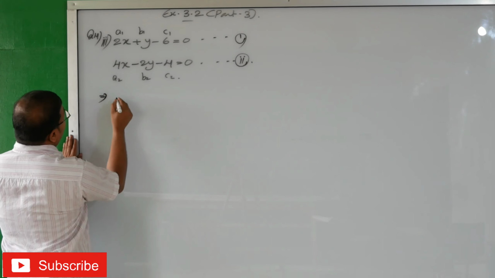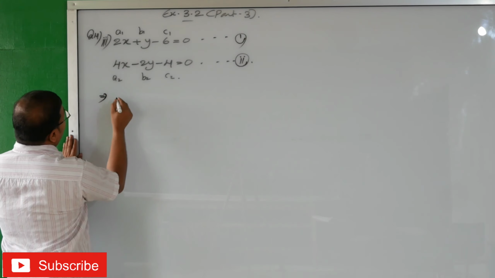Ready? So we will go for the table now. That is x, y and the coordinates x, y. First we got x as 0. That time we got y as 6. That means 0, 6 is the coordinates. After that x we took 3. That time we got y as 0. So the coordinates are 3, 0.